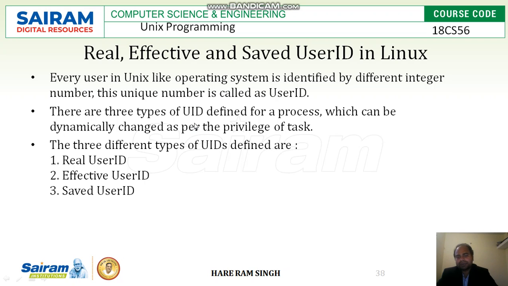There are three types of user ID defined for a process which can be dynamically changed as per the privilege of the task. They are real user ID, effective user ID, and saved user ID.